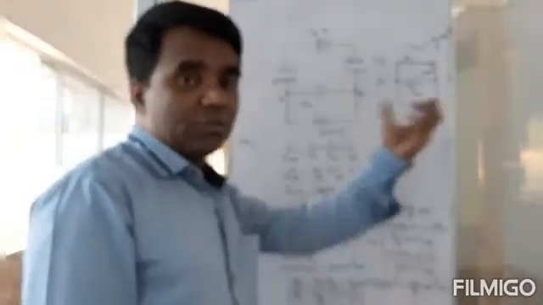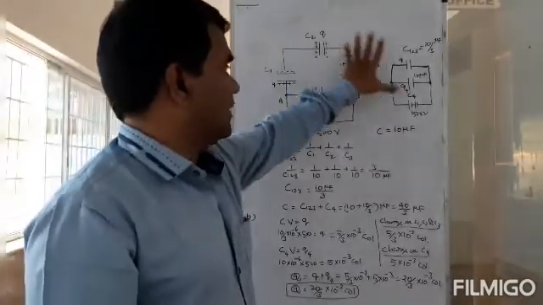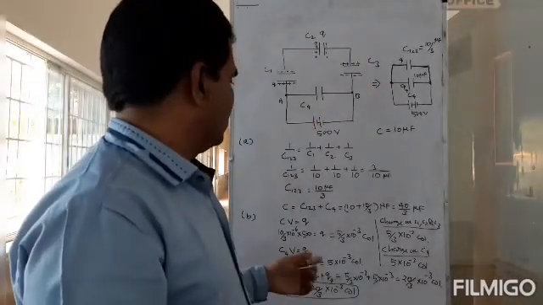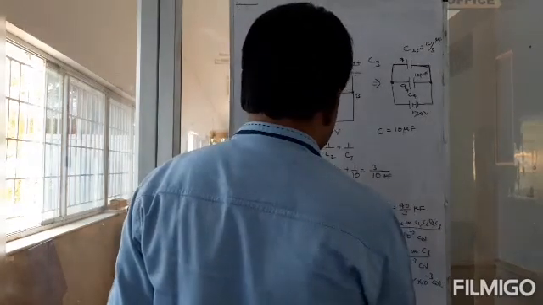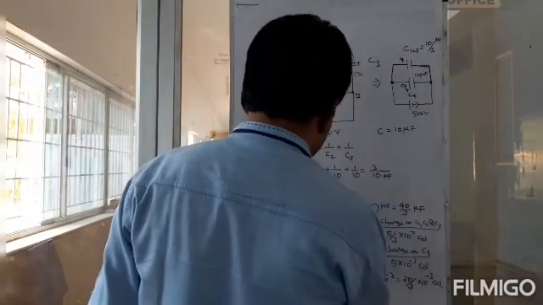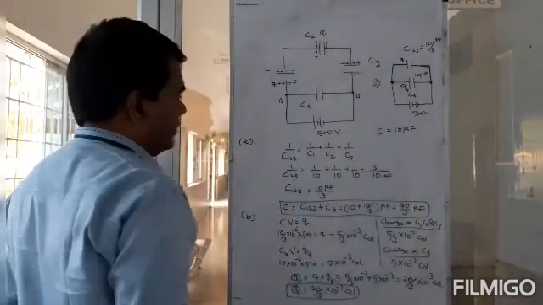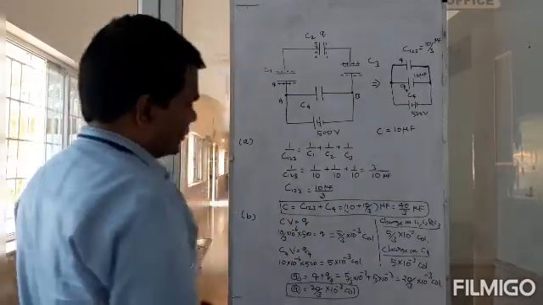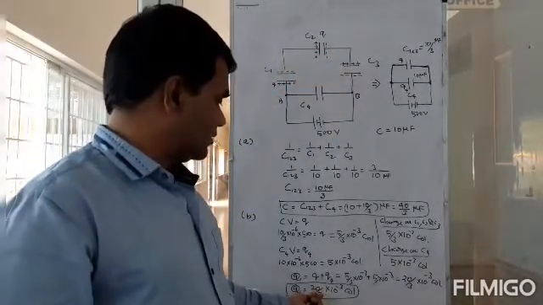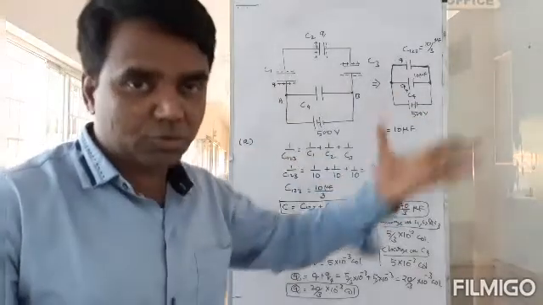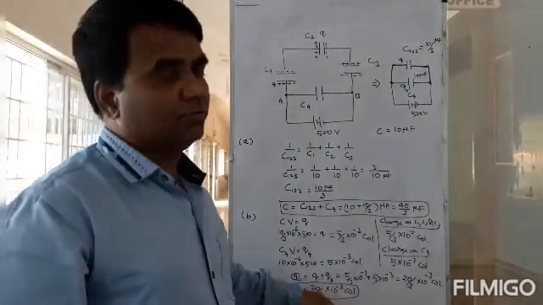So we have found the effective capacitance of the whole circuit. That is here 40 by 3 microfarad. And then we also found the total charge coming out of the battery will be equal to 20 by 3 into 10 to the power minus 3 coulomb.